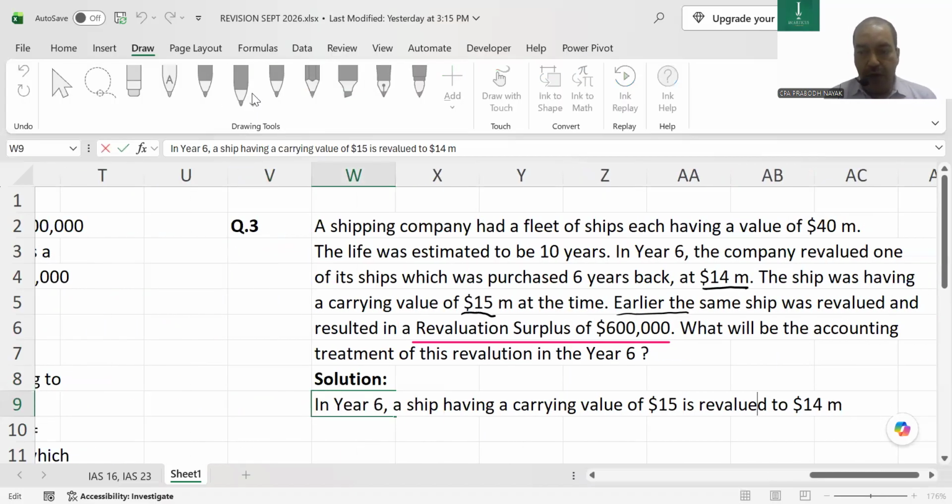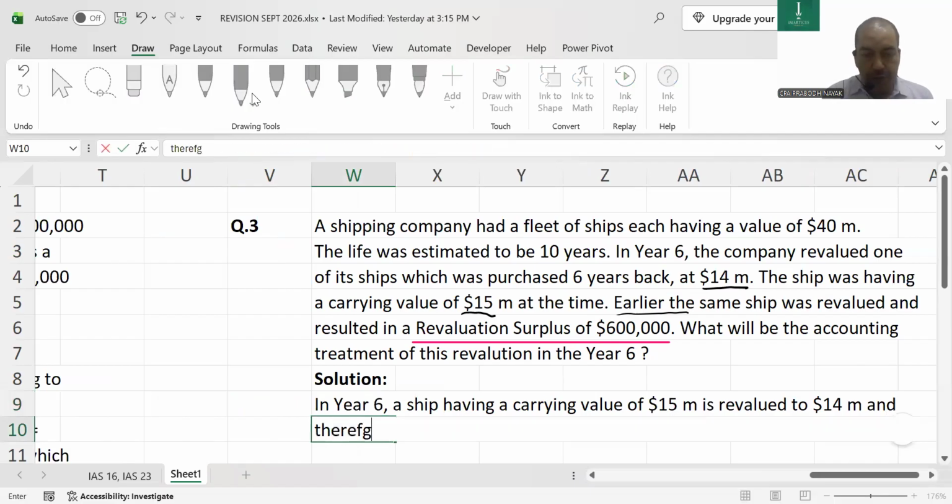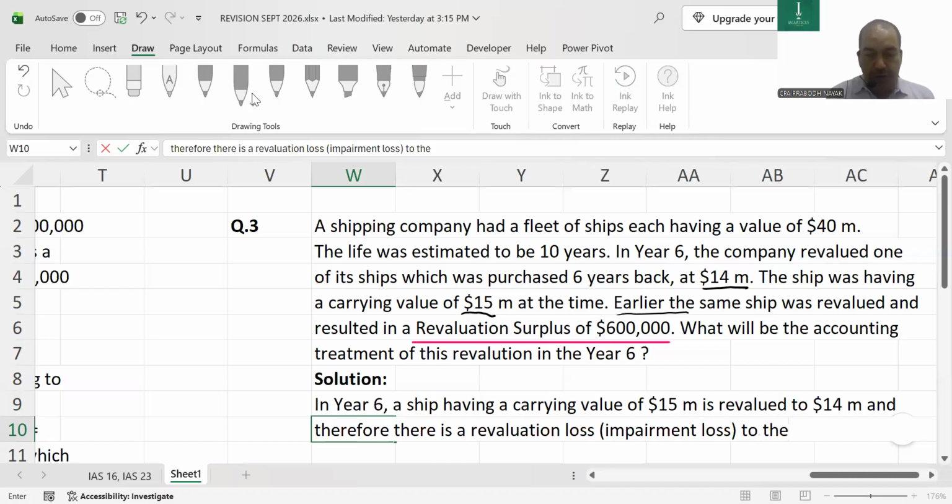Okay, and therefore there is a revaluation loss. Okay, this revaluation loss we can also call it as impairment loss. We learned it last time. We learned impairment loss to the extent of $1 million.